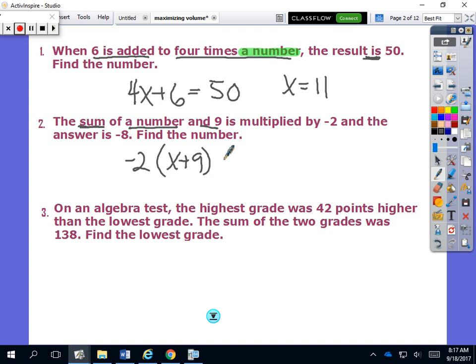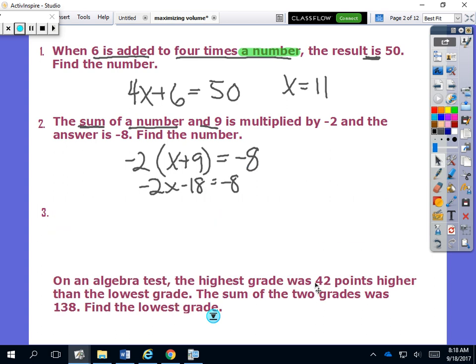And the answer is -8. Find the number. So I have -2x minus 18 equals -8. -2x equals, if I add 18 to -8, I get 10. So our x is going to equal -5.